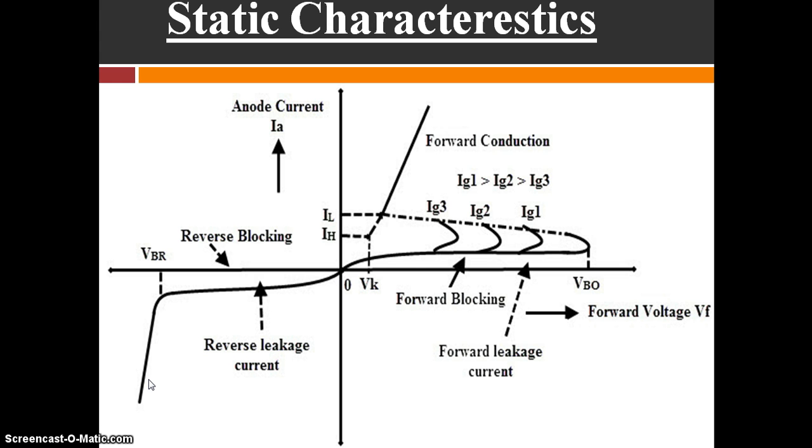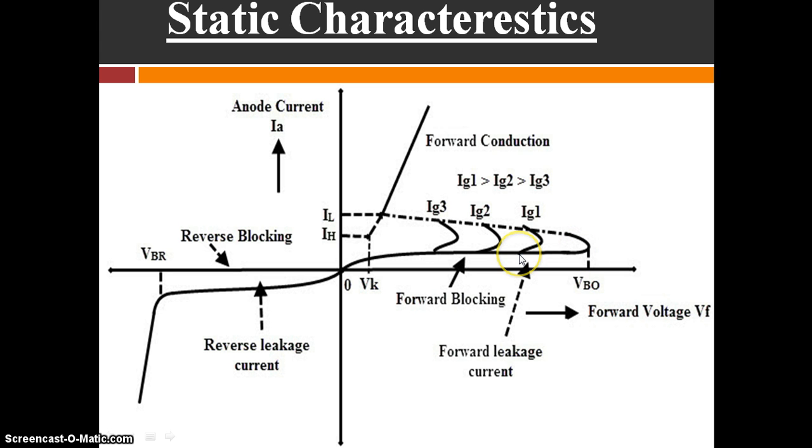This is the overall operation of the static characteristics and VI characteristics of SCR. Forward breakover voltage is the maximum forward voltage between anode and cathode, and it is called the breakover voltage.